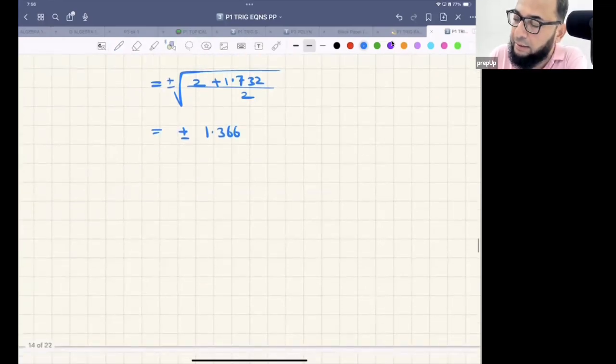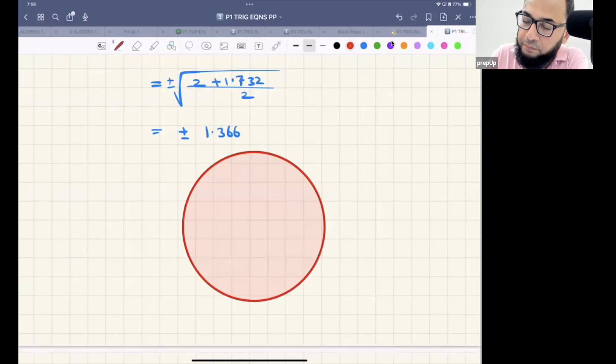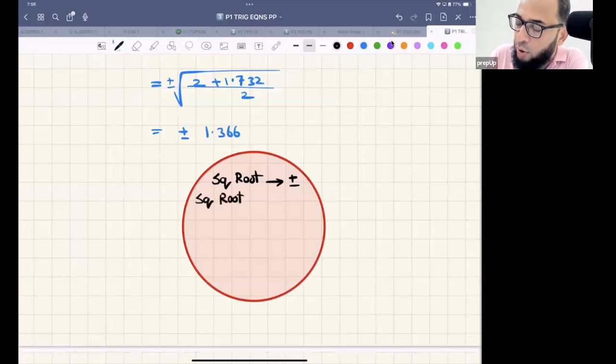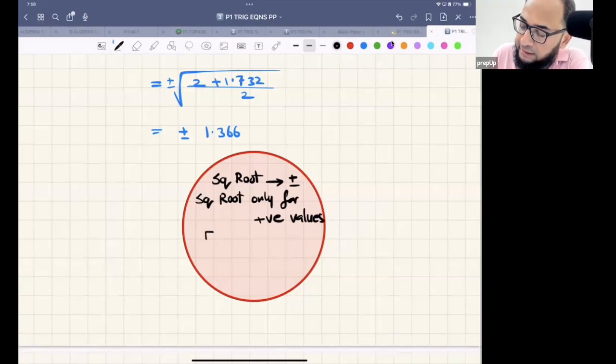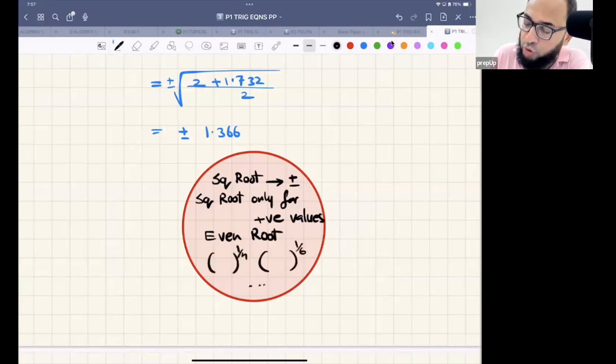Now another thing that we should remember is this. When we take a square root, we get a plus and a minus sign. And square root can be taken only for positive values. That means the same rule applies for even roots, whether it's something raised to the power of 1/4 or 1/6 and so on.